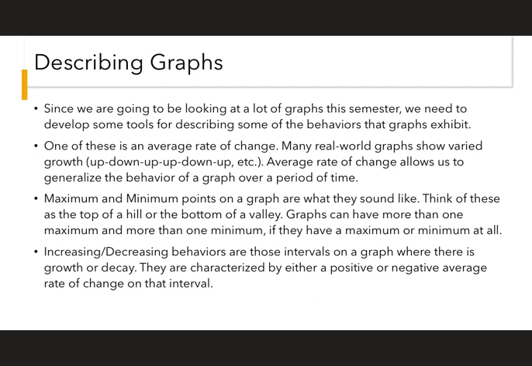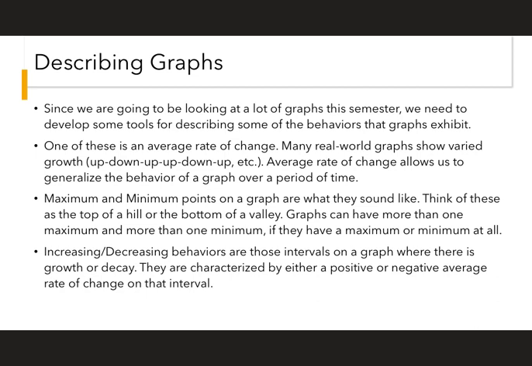So we look at average rate of change, which is essentially a make-believe slope that we can put onto non-linear graphs to get an idea of what happened over a given period of time. Overall change. Okay, it's not slope. It doesn't mean the same thing as slope.